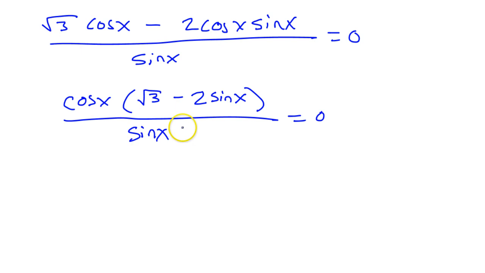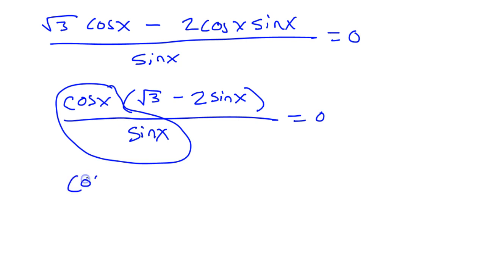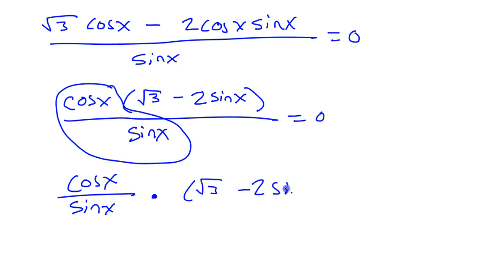Okay, this is real interesting. One thing I see that I can do is if I sort of group these together, alright, then what I have is cosine x over sine x times radical 3 minus 2 sine x.